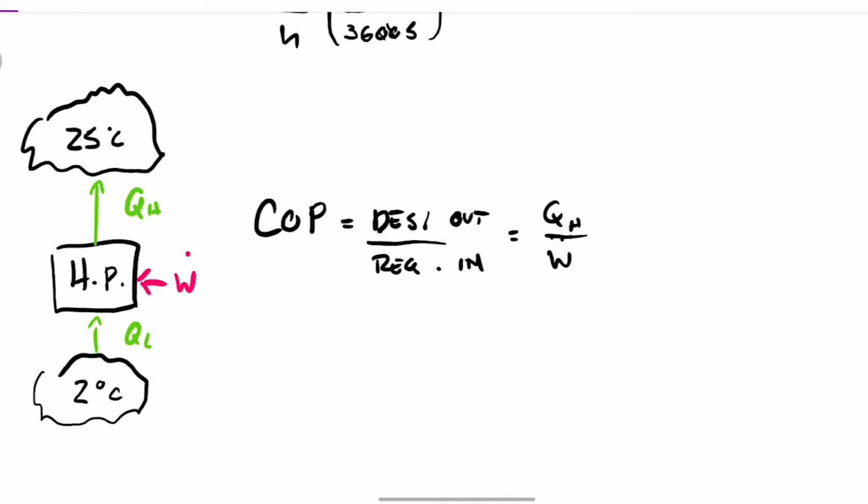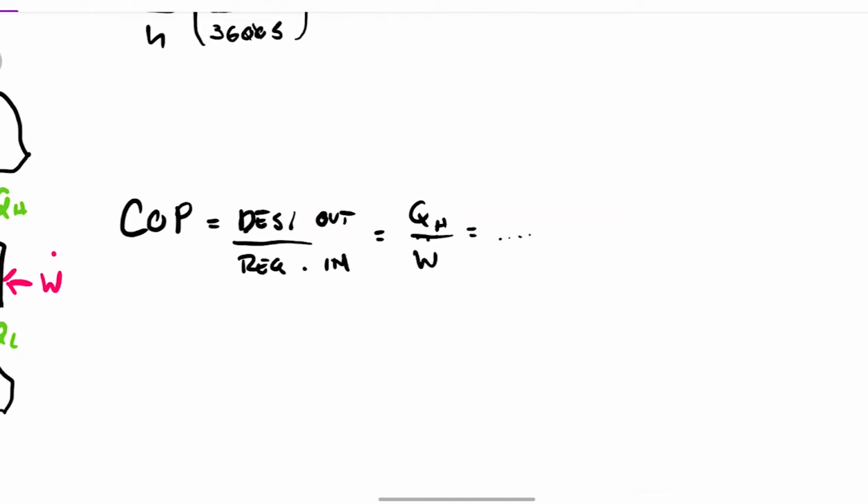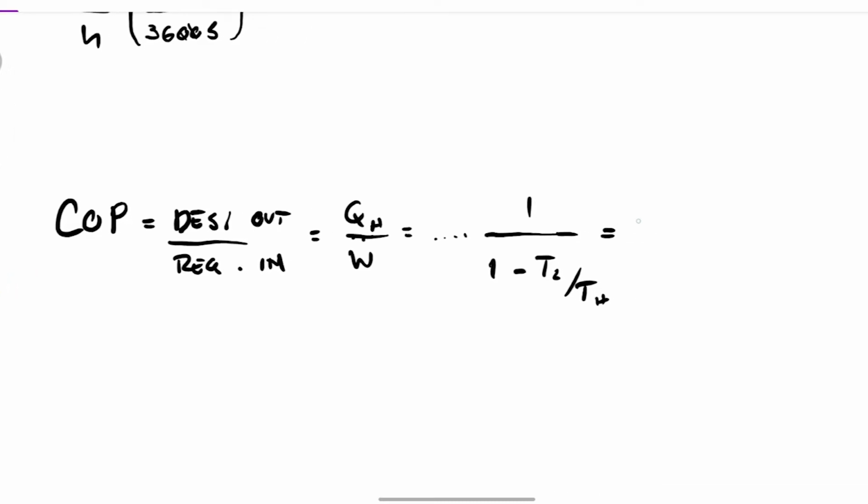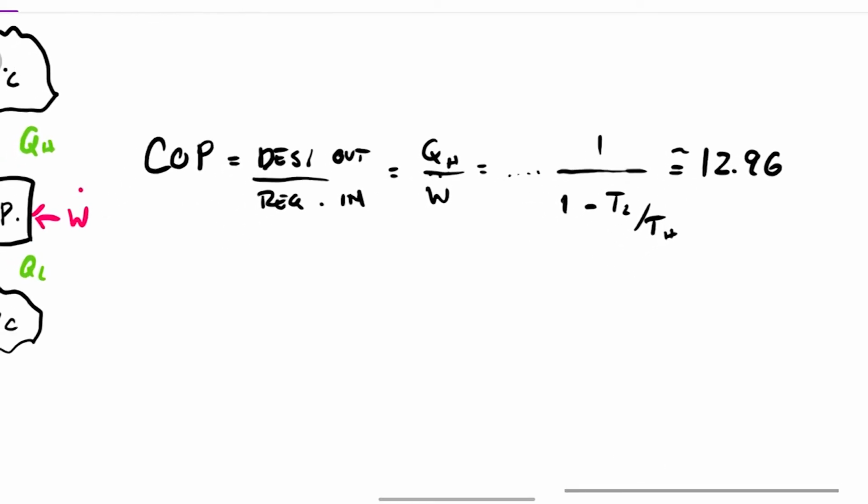What we need to put in is work, and then we end up with that idea of 1 over 1 minus T on the low end over T on the hot reservoir, because it's a Carnot heat pump. This is super important. I'm just going faster because we did this already, and we come to the conclusion that the coefficient of performance of this guy here is approximately 12.96.